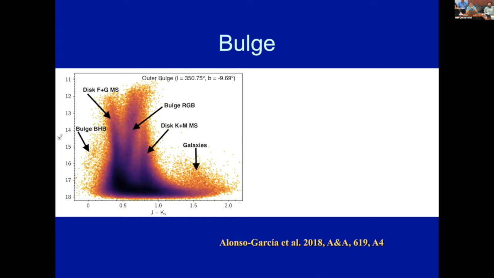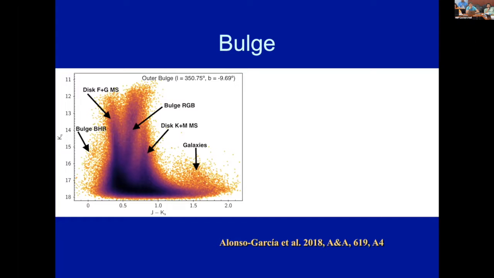If you take a look at this first color magnitude diagram of a region in the outer bulge, you can immediately find the nearby K and M main sequence stars from the disk, just in here. You can find farther away F and G main sequence stars here from the disk. And then this is from the foreground disk, and in here you can find the red giant branch of the bulge stars.